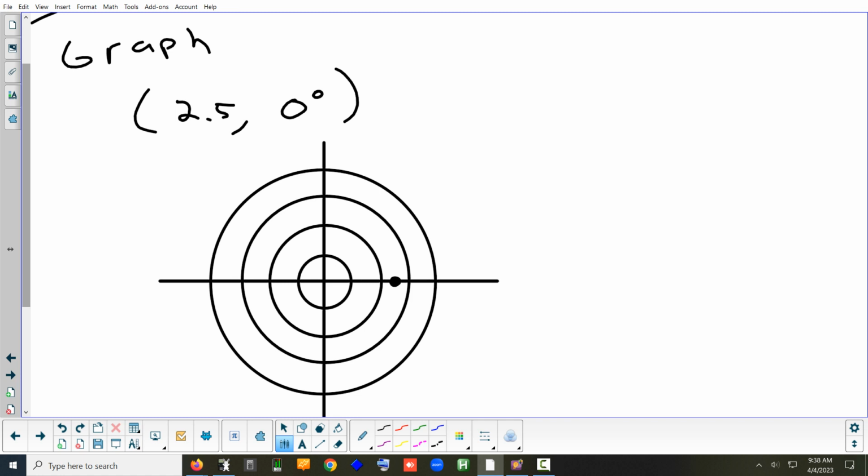And just like regular coordinates, you can end up in between circles. If you had 2.5 units, you could end up right in between the second and the third circle. All right, so that pretty much covers every different type of graphing. Positives, negatives, and zeros. Any questions on graphing a point in polar?